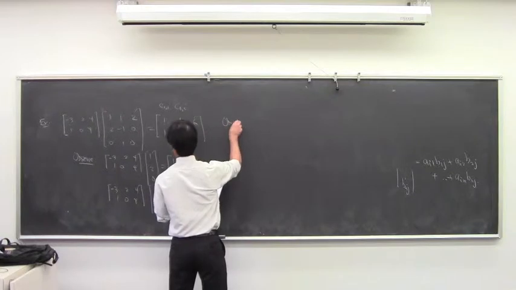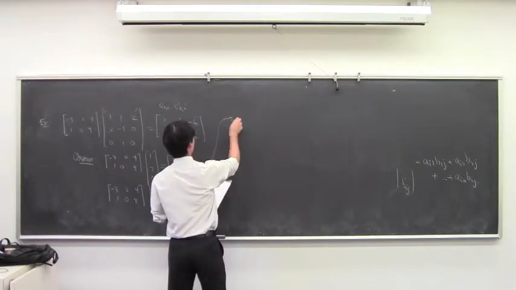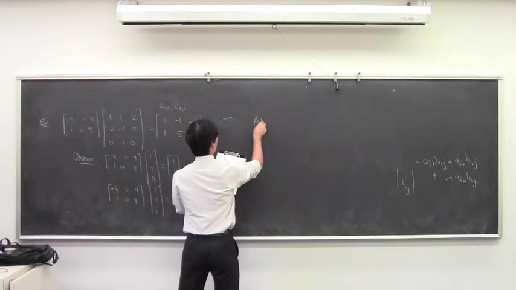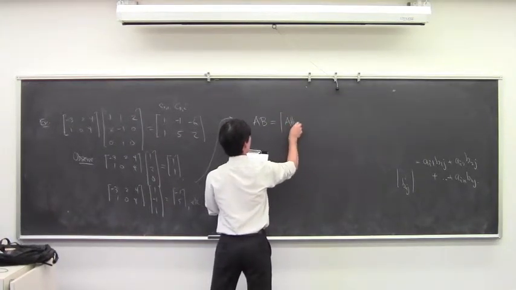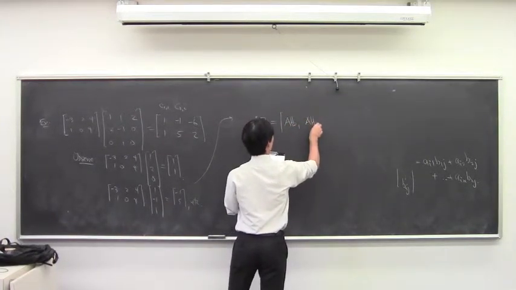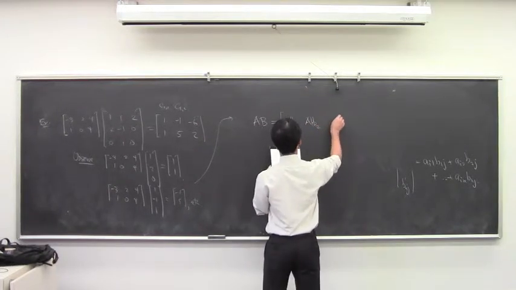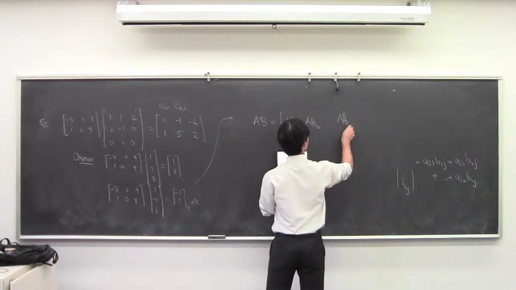So observe this continuation of the observation. AB actually could be expressed as A times the first column, A times the second column, up to A times the last column.